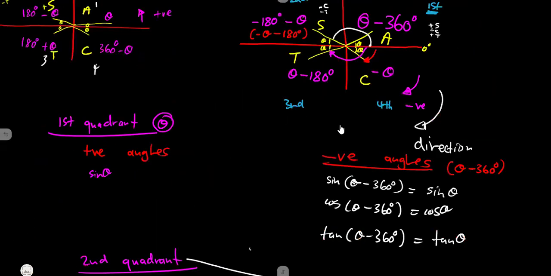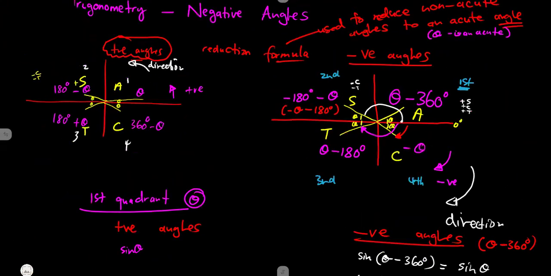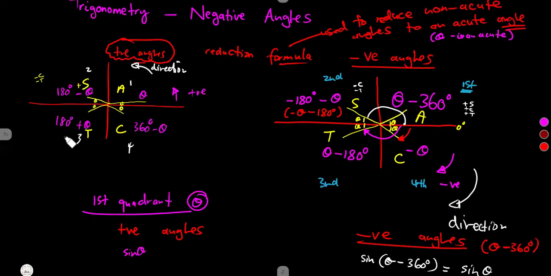Same thing. So it simply means those answers that we had when we wrote about 180 plus theta, I want you to write the same answers for theta minus 180 in the third quadrant. Same thing about the third quadrant. Remember, we listed all the reductions of 180 plus theta.